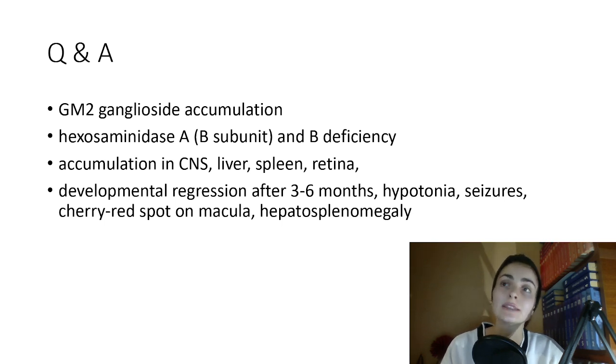And in this case, accumulation of this substance happens in the CNS, retina, but also liver and spleen. So in addition to Tay-Sachs symptoms, which are developmental regression, hypotonia, seizures, and cherry red spots on the macula, the patient also develops hepatosplenomegaly because the liver and spleen also experience the accumulation of this excessive substance.